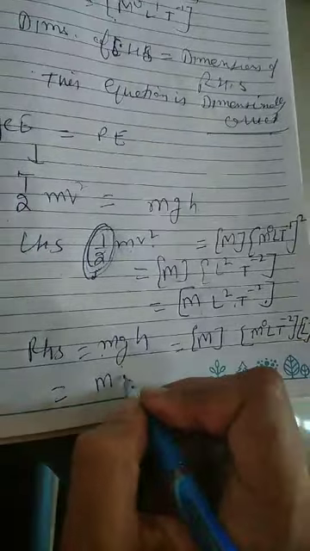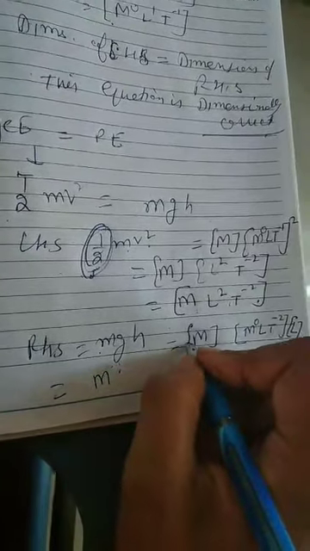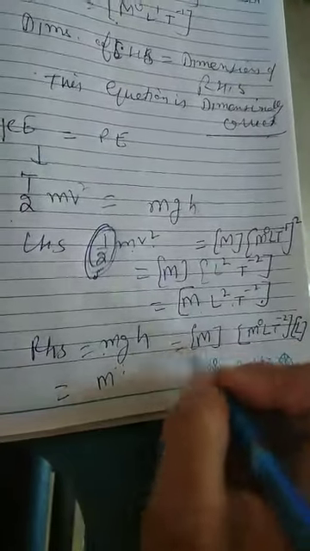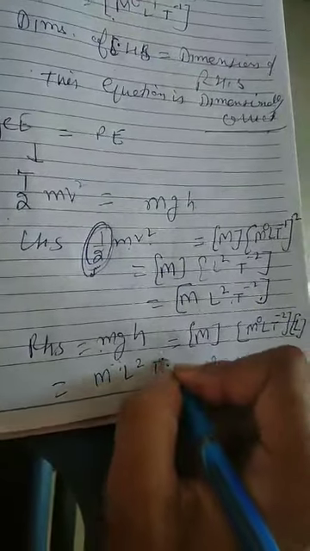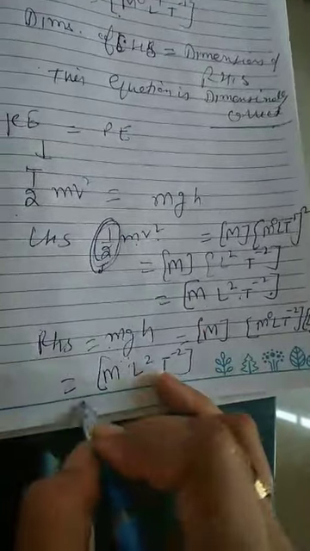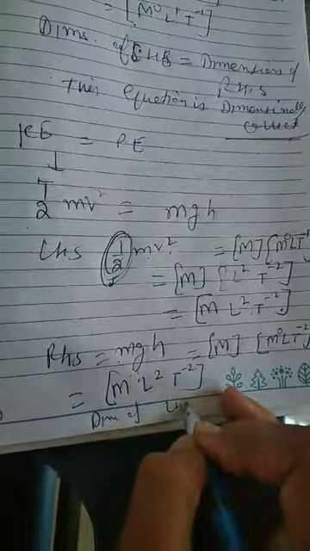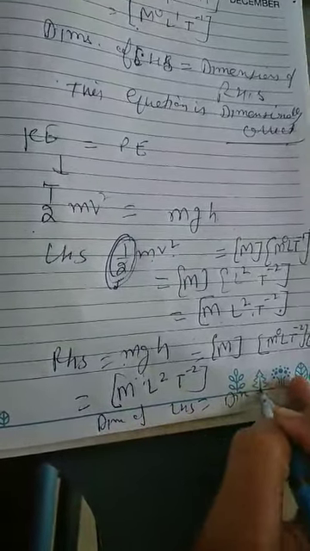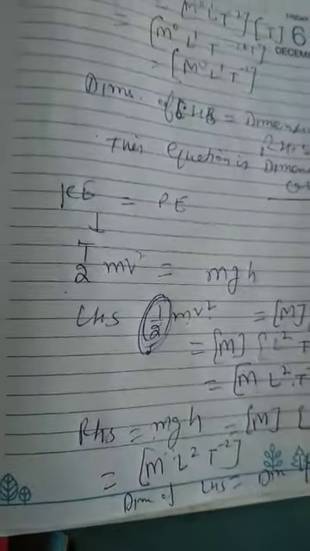Collectively we will write it as M L^2 T^-2. So dimensions of left hand side equal dimensions of right hand side. So this equation is dimensionally correct. Clear? Now second point, to derive the relation.